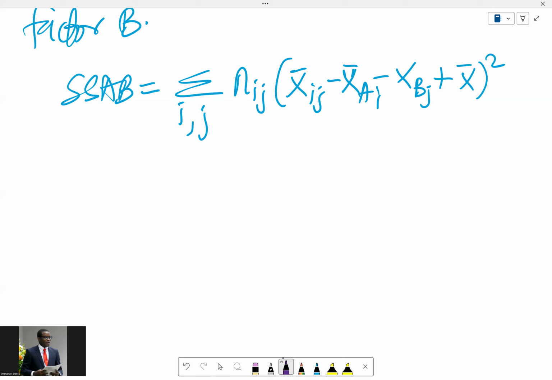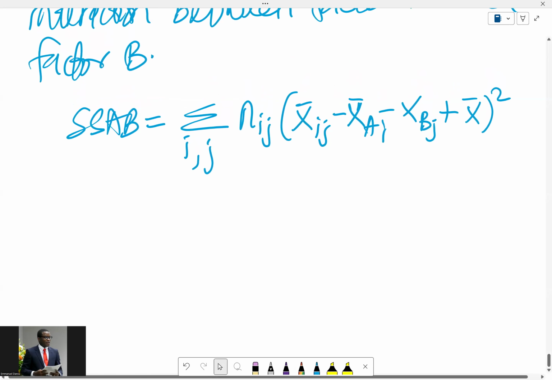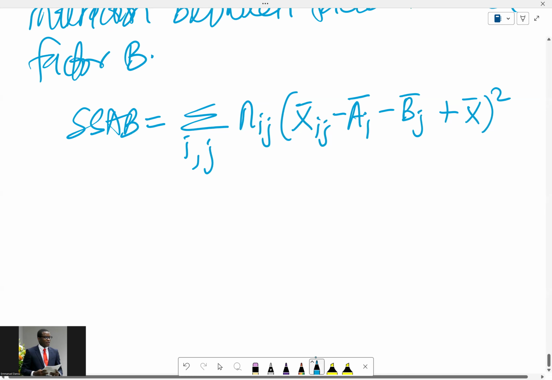The only thing I guess that has to change is this: it will be A_i bar, then B_j bar. So A_i bar is like A1 bar, A2 bar, and B1 bar, B2 bar. Then X_ij, I think, still aligns with what I did the other time.